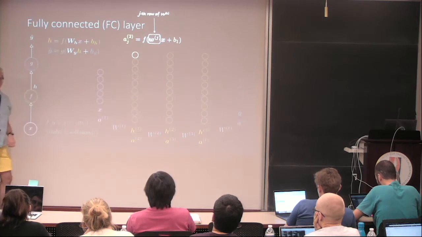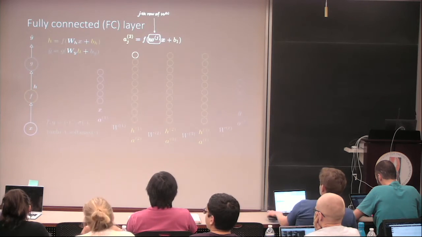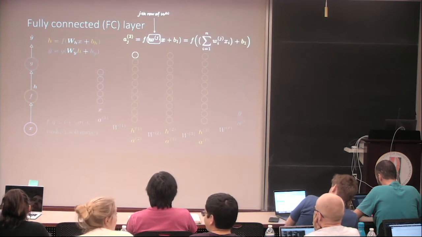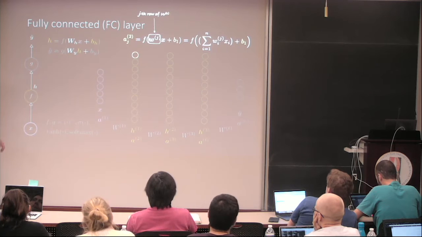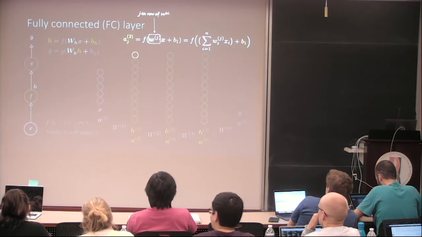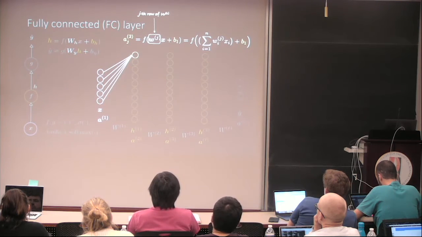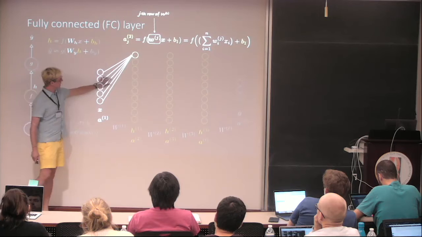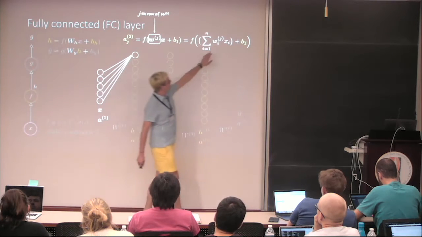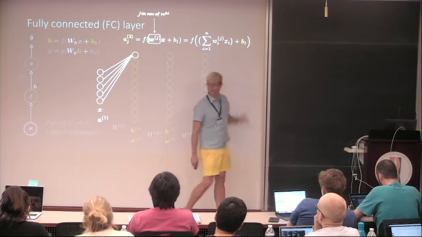Is it okay? All right, and this is the usual definition of scalar product. You just multiply and sum all the components. So from the input, we have these guys going here, whereas each of these lines is representing one of these weights over here, right?